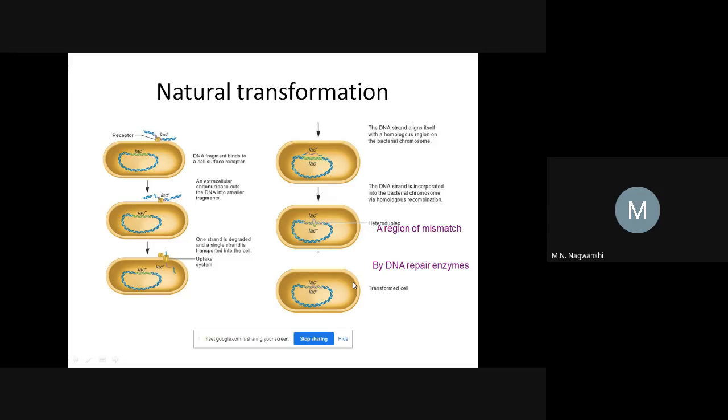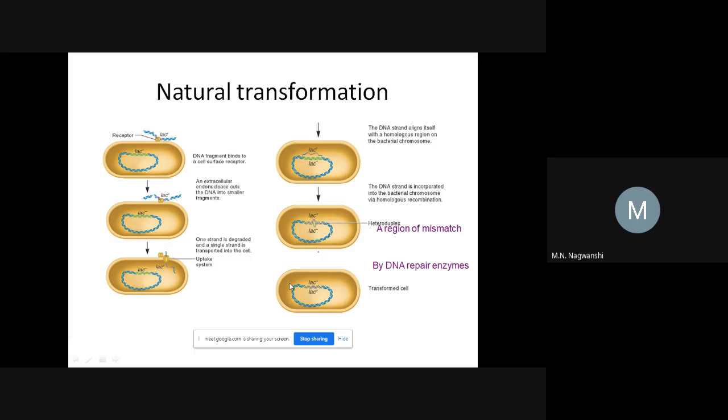Then the enzymes that are present in the bacteria carry out the repair of the DNA molecule. The complementary base pairs to the foreign DNA are added here and the DNA is repaired.